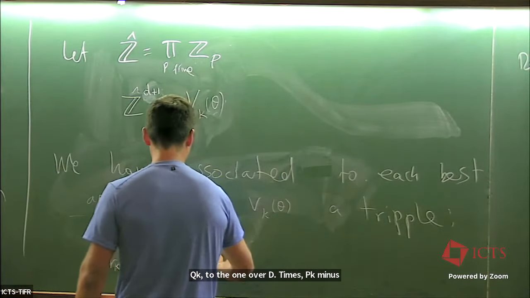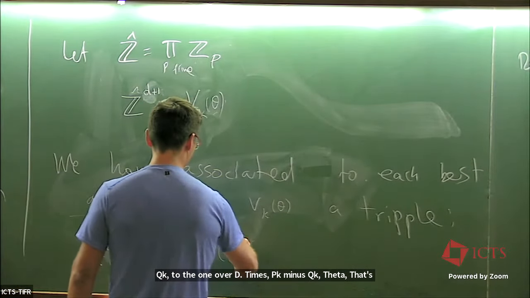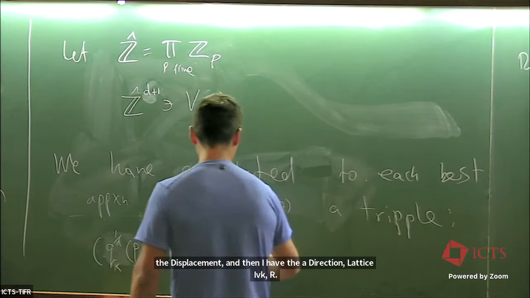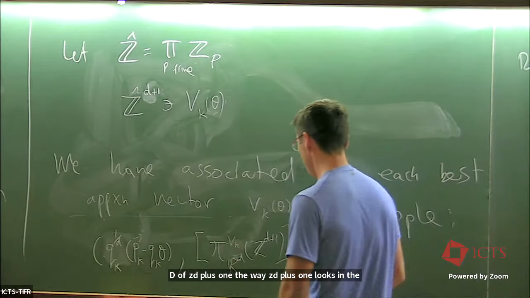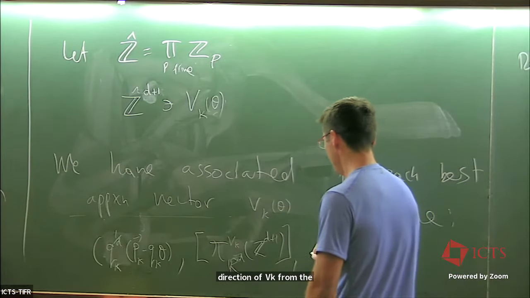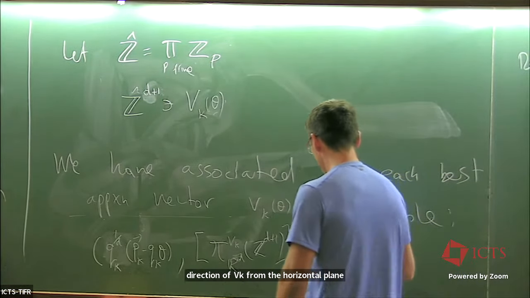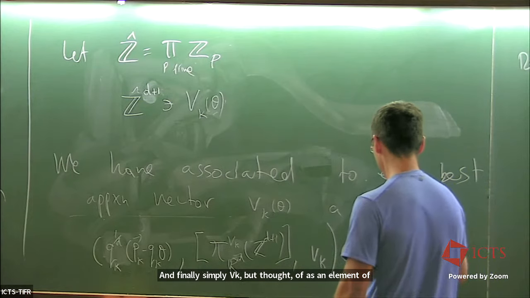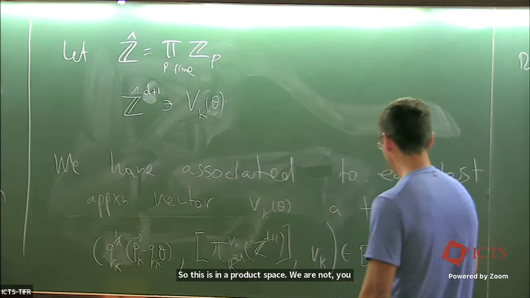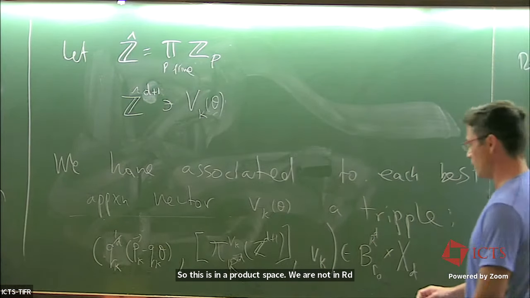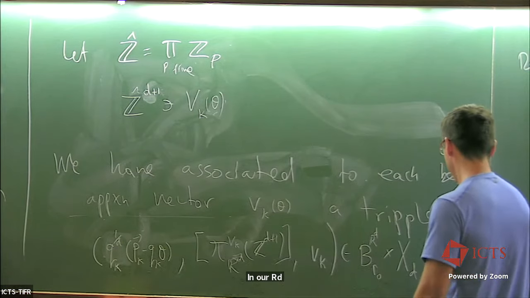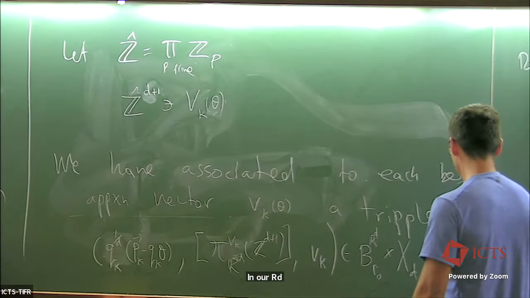And then I have the directional lattice, phi of VK, R^d of Z^{d+1}, the way Z^{d+1} looks in the direction of VK from the horizontal plane. And finally, simply VK, but thought of as an element of a compact group. So this is in a product space: B_{R_0} in R^d times the space of lattices in R^d times Z hat to the power of d plus 1.